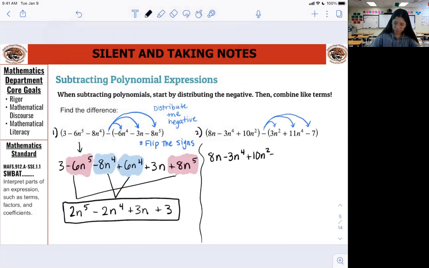Negative 3n squared, negative 11n to the power of 4, and then plus 7. Good. So anything that is negative turns positive, and anything that is positive turns negative. And now at this step, I want everyone to try it on their own, combine like terms, and let's see if we can get the right answer.